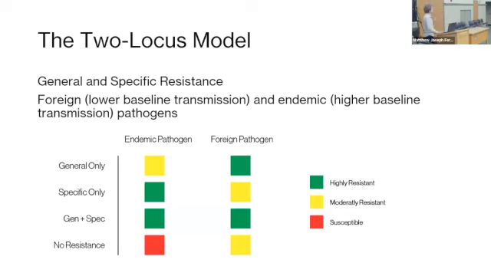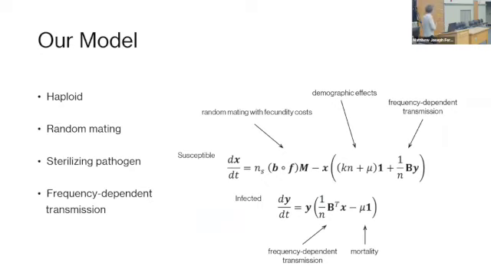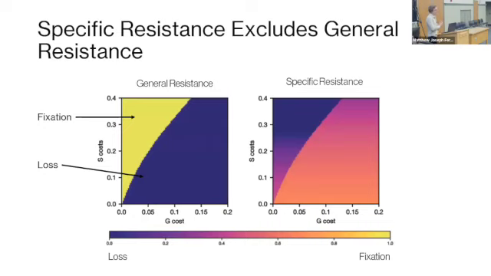So our model is haploid with random mating and some level of recombination between general and specific resistance. And we also assume that we have a sterilizing pathogen that does not induce additional mortality and frequency-dependent transmission. So we ran this model, varying the costs in terms of fecundity, both for general and specific resistance.